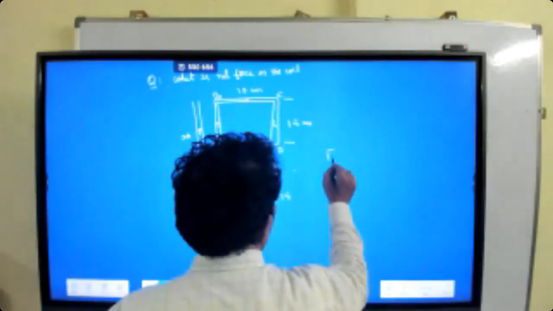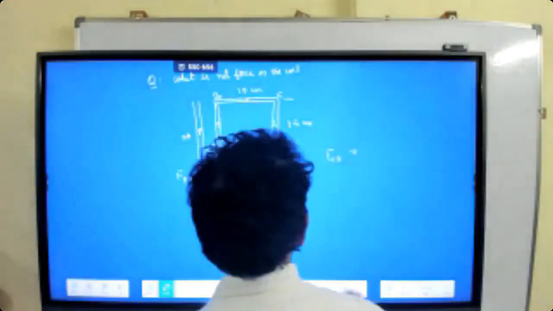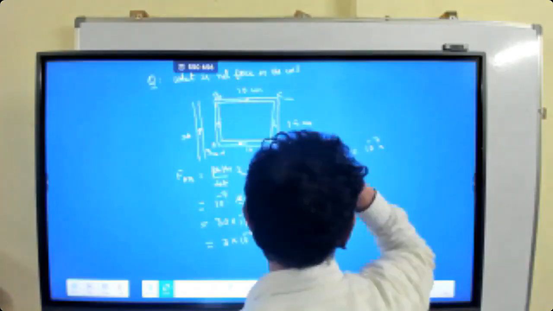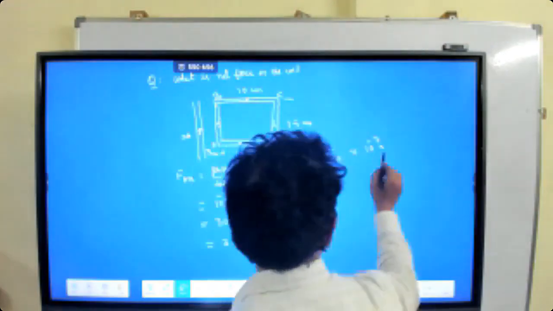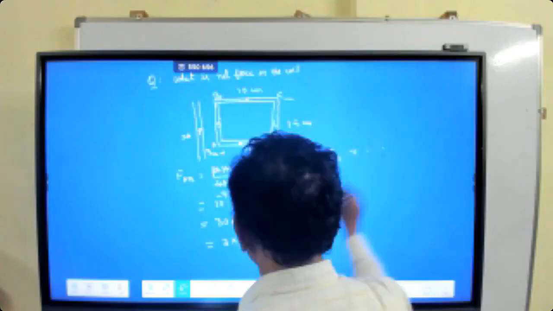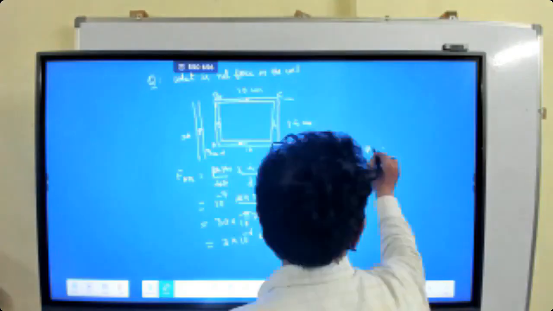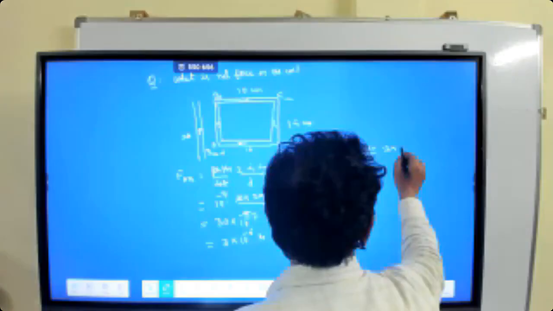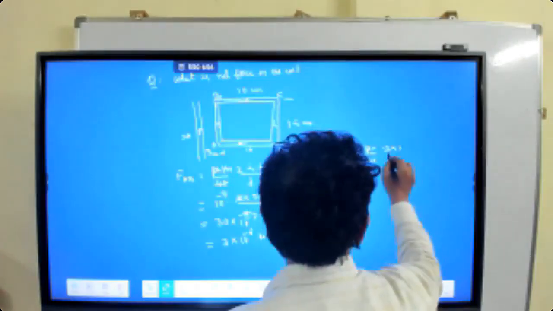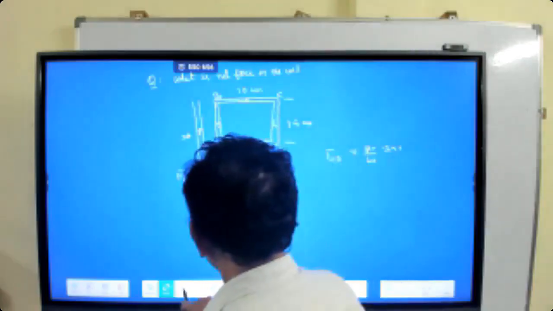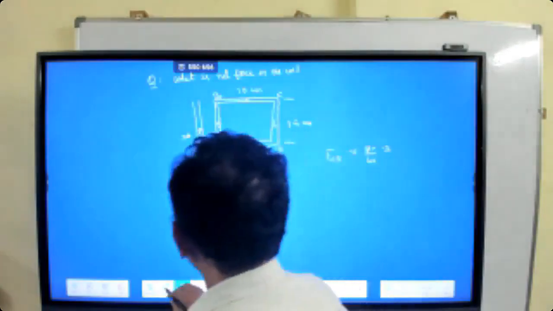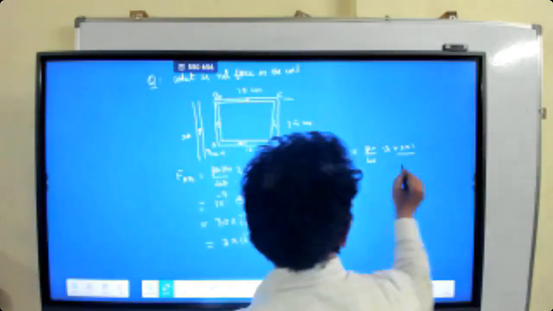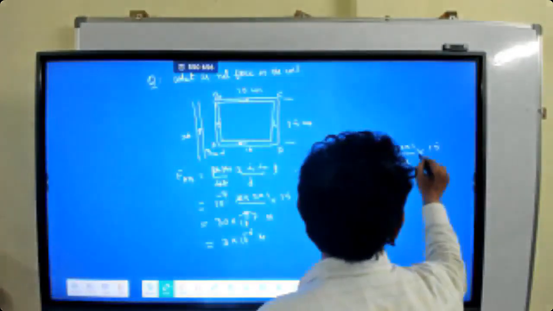Now FCD is equal to the same thing, 10 to the power of minus 7 into 2 into I1 I2 divided by distance.